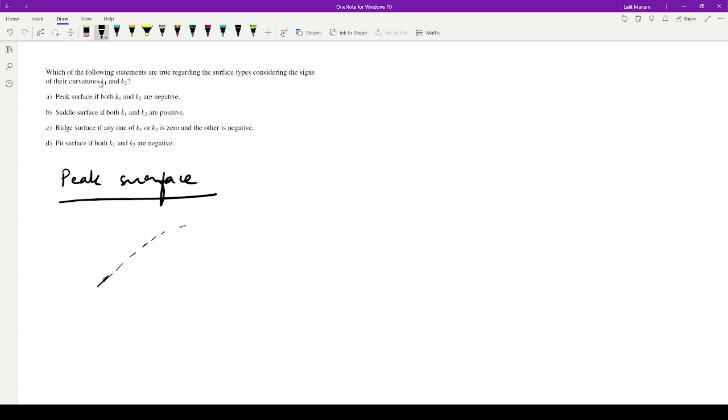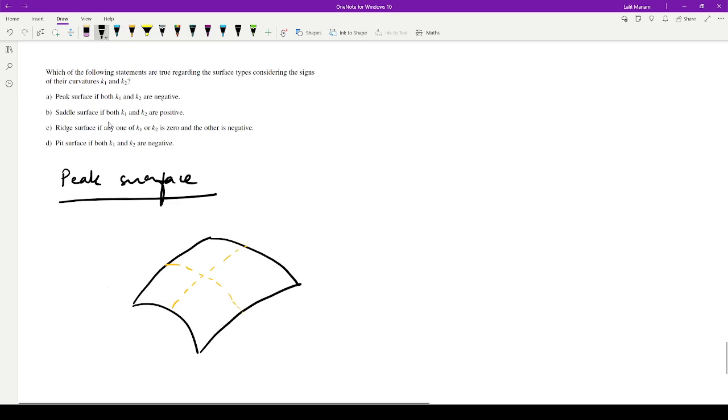since we are in three dimensions, two dimensions are the independent dimensions. So it looks something like this. I'll try to draw the principal directions, assuming that the center is the place where we are trying to check the curvature. Probably this could be K1 and this could be K2.